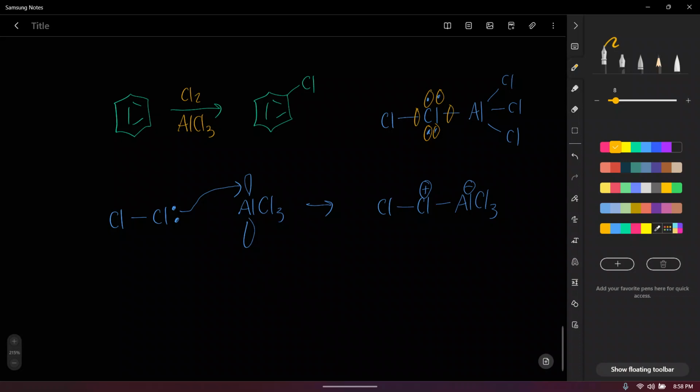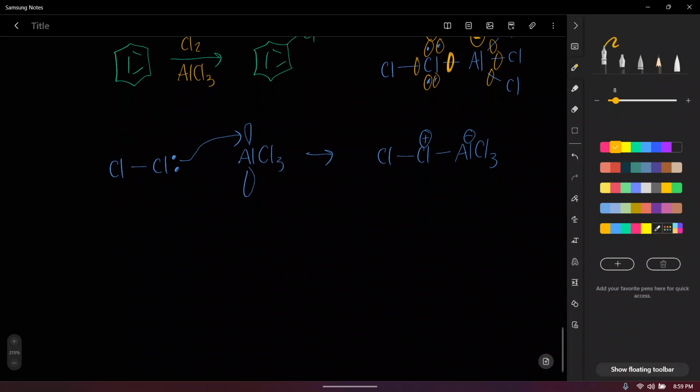So chlorine wants 7, it has 6, therefore chlorine is positive. Aluminum is in group 3. Remember, a bond counts as 1 electron, so it's going to be 1, 2, 3, 4. So aluminum wants 3 and it has 4, therefore aluminum is negative. Again, get good at formal charge so that you can do that rapidly in your head and that you don't have to really think about it and do it for every single step of every single mechanism. But that gets me to this.